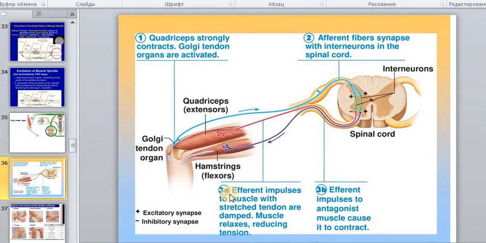Efferent impulses to the muscle with the stretched tendon, the muscle relaxes, reducing tension, and efferent impulses to the antagonist muscle cause it to contract. If we must contract the extensor, we must inhibit the flexor.